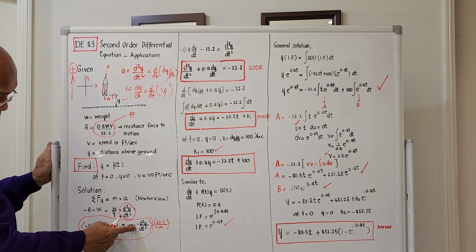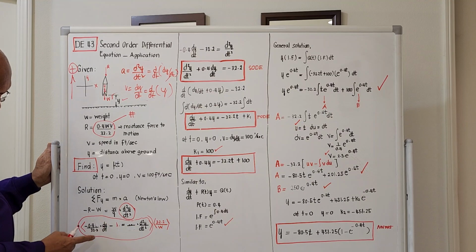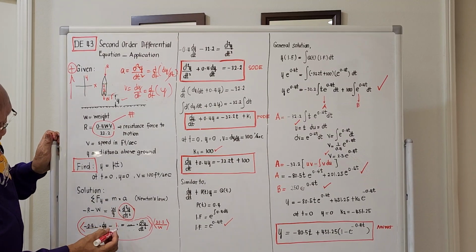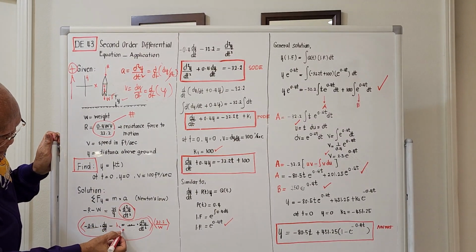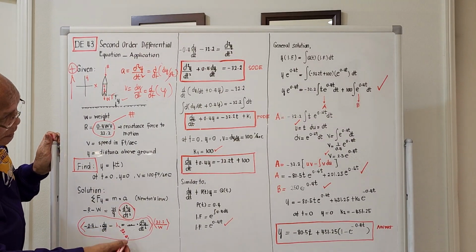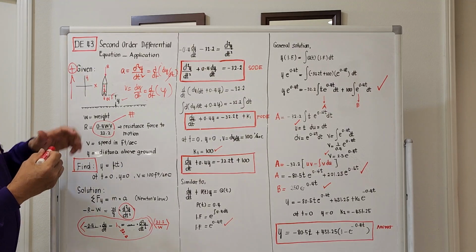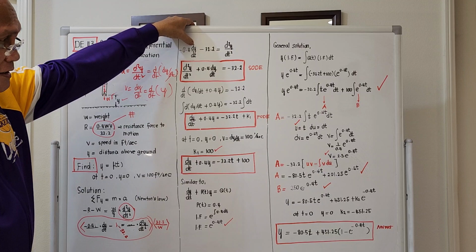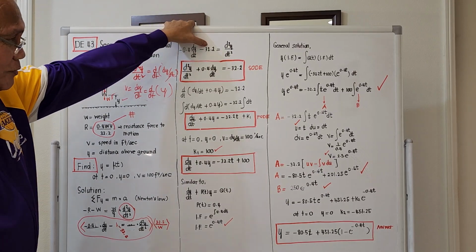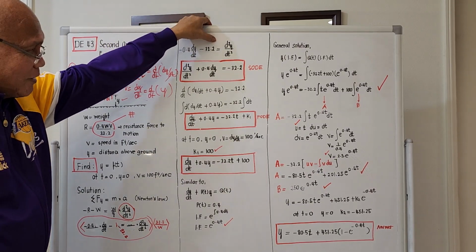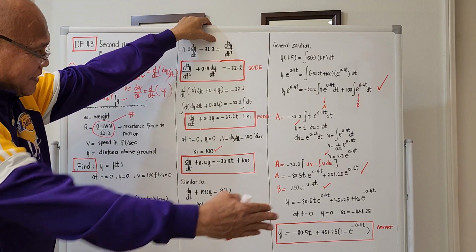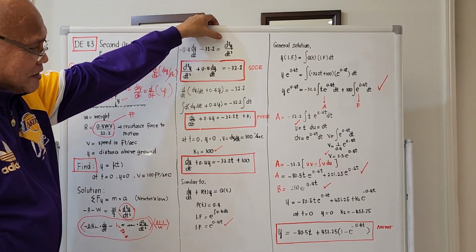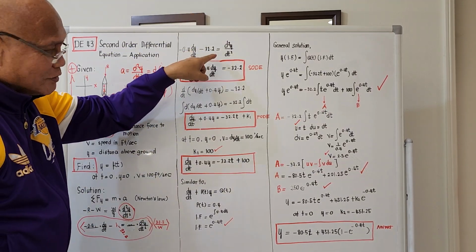This 32.2 will be gone, this 32.2 will be gone, and this one here should be times 32.2. So what comes out is 0.4 times dy dt minus 32.2 equal to the right-hand side, which is now very clean. It is simply d square y over dt square.